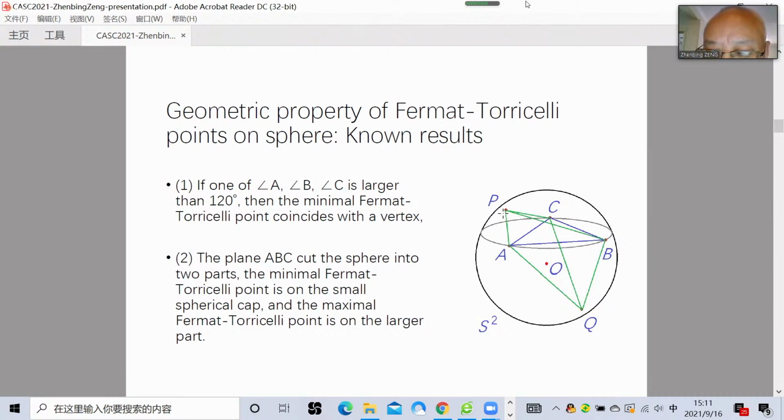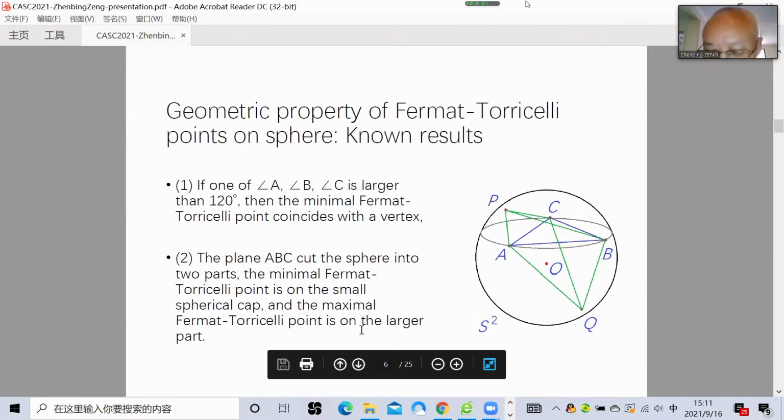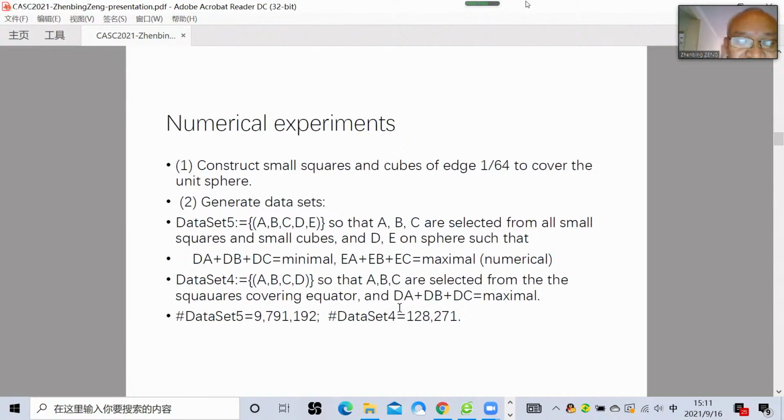Then the minimum point P must be on the smaller part, and for another point Q where the sum of the distances QA, QB, and QC is maximum, Q must be on the larger part. This is relatively easier to prove. And then we see some numerical experiments.